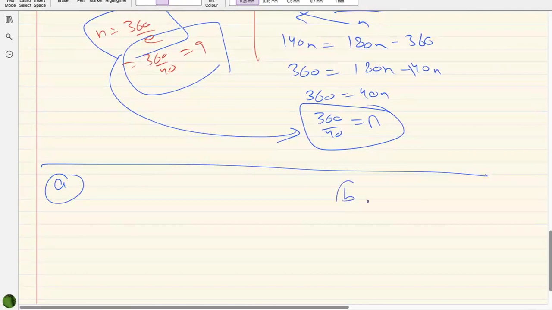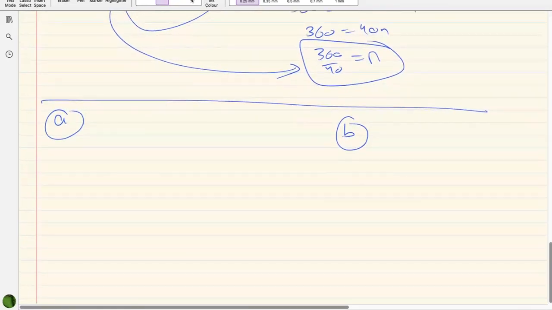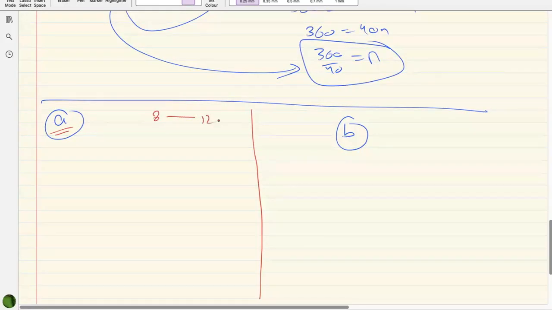Okay. So let's try a fun question. One and then the second one. I'm expecting that you can solve this first question, whatever I'll be writing here, within 8 to 12 seconds. Okay. So this is the shape.